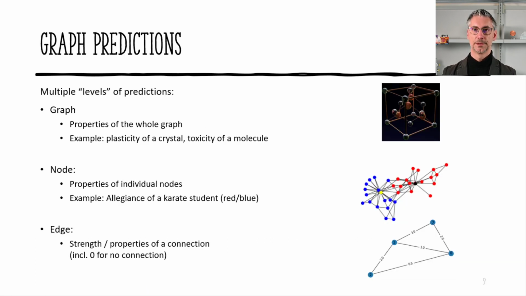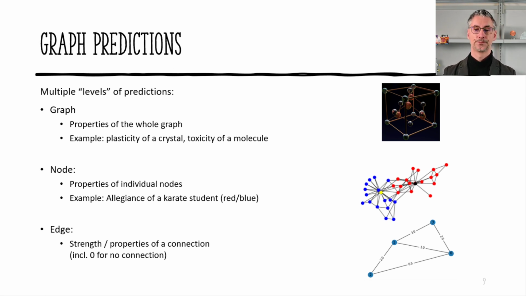So how would we do this? First of all, we need to be aware that we have multiple levels of predictions, and this is one of the key differences to all the networks we've encountered so far. We can have predictions on the level of the whole graph, for example the plasticity of a crystal or the toxicity of a molecule or the smell of vanillin.